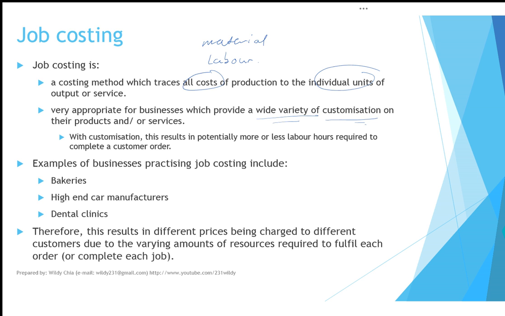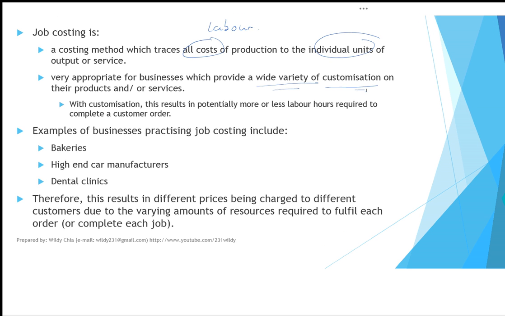When you have customization, this results in either more labor hours or fewer labor hours to complete the customer order. Typical examples of businesses practicing job costing would be bakeries, high-end car manufacturers, and dental clinics. As a result, this leads to different prices being charged to different customers, and this is mainly due to the different amount of resources being used to fulfill each order.